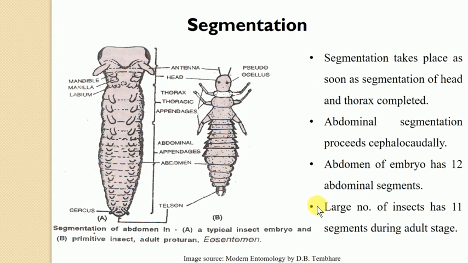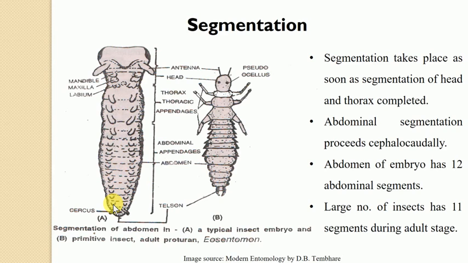Now segmentation of the abdomen takes place as soon as the segmentation of head and thorax has been completed. It means during the embryonic development, first of all the segmentation starts with the head. Once the segmentation of the head is completed, it proceeds into the thorax, and as soon as the thoracic segmentation is also over, the abdominal segmentation generally takes place or is completed.